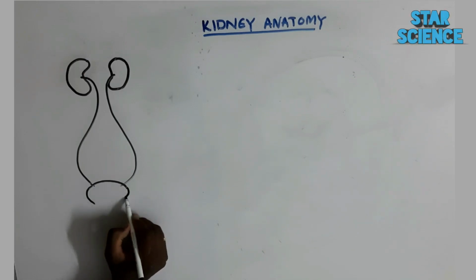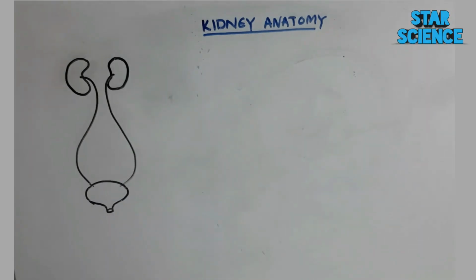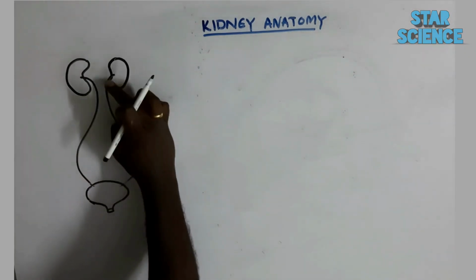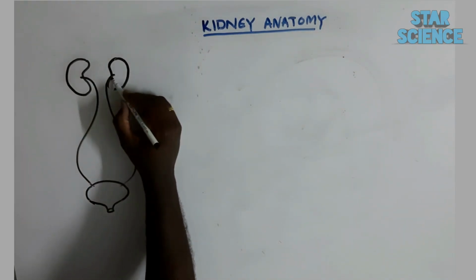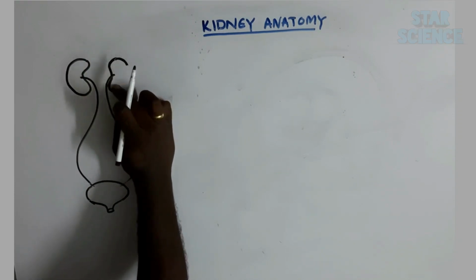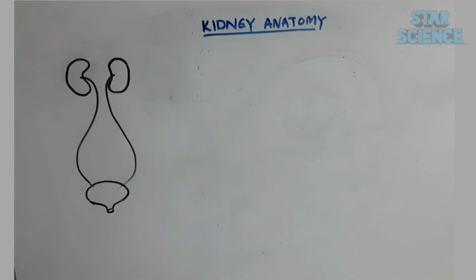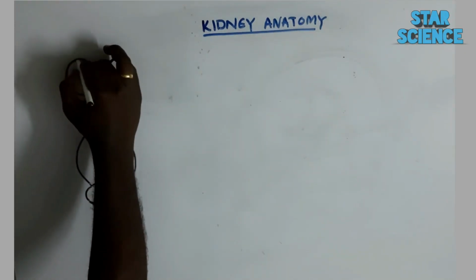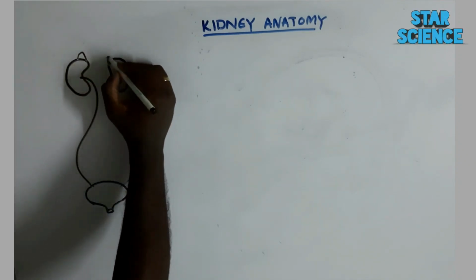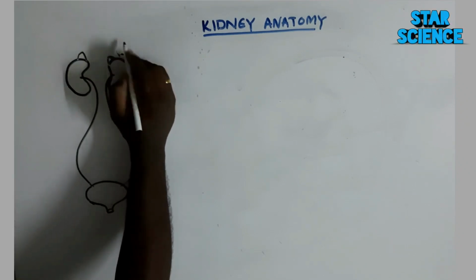And the kidneys extend from the level of the 12th thoracic vertebra to the 3rd lumbar vertebra. And the right kidney is slightly lower than the left because of the space occupied by the liver, and the upper pole is fixed with the adrenal gland.